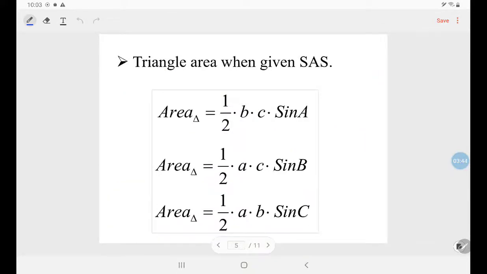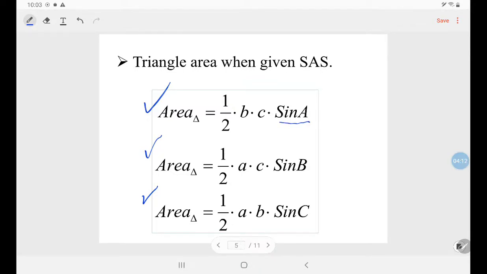Let's continue. So here's the first formula that I just gave you. I can find the area of a triangle by taking 1/2 BC sine A. If I would have drawn an altitude to one of the other sides, I could have come up with 1/2 AC sine B. Or if I would have chosen a different side, 1/2 AB sine C. The thing that makes this formula easy to remember is this.